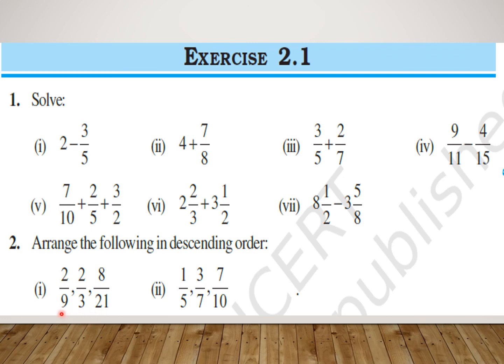So first of all, take LCM of 9, 3 and 21, and then make the denominators same of all these 3. After that, you can easily arrange them in descending order. Similarly, in this case, take the 3 numbers, make their denominators same by taking LCM, and you can find and arrange them in descending order. Thank you.